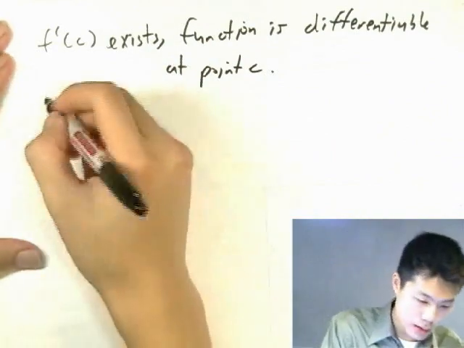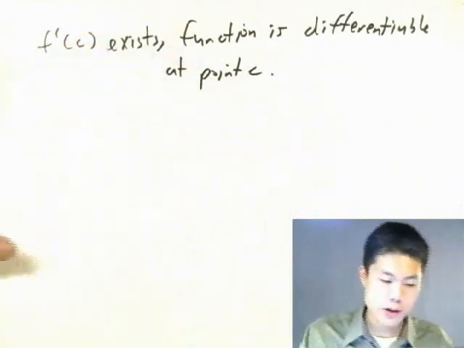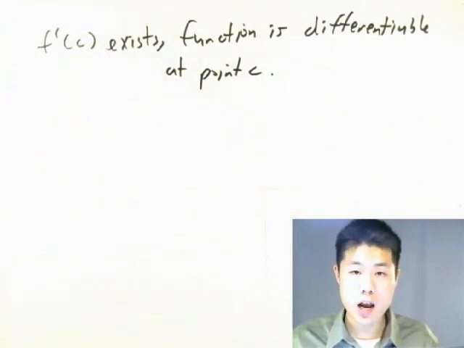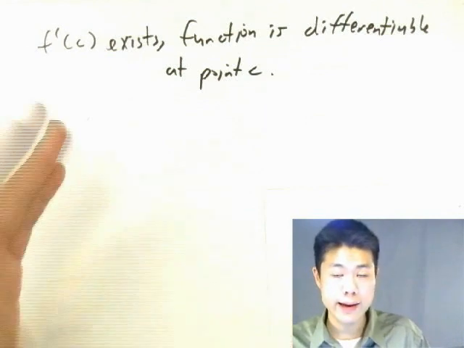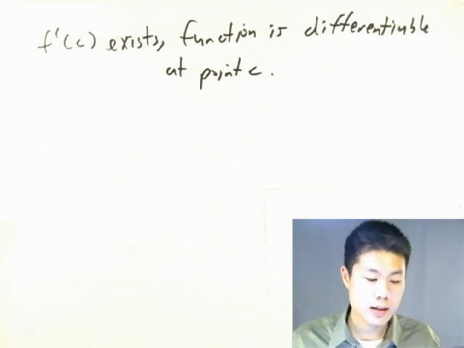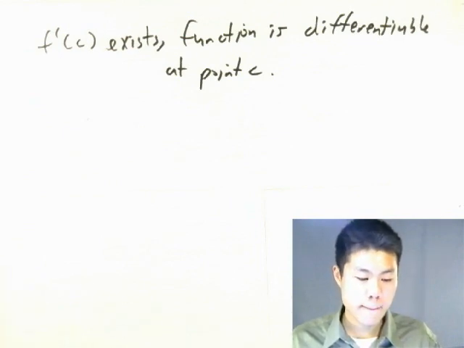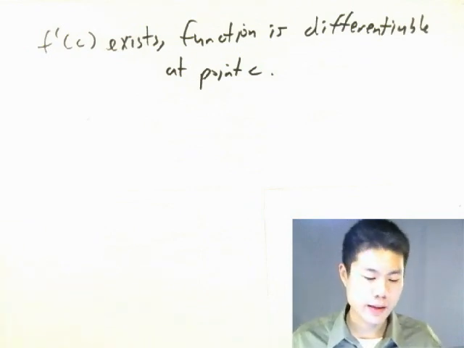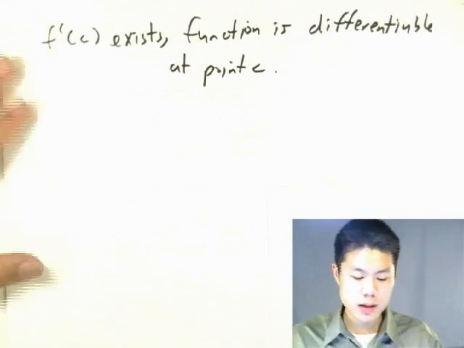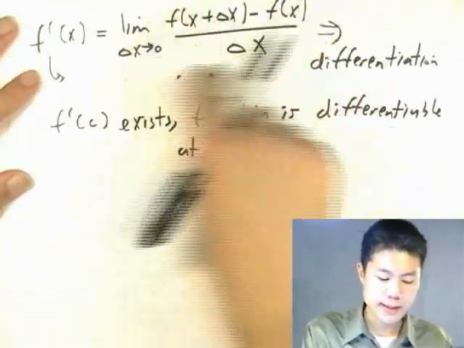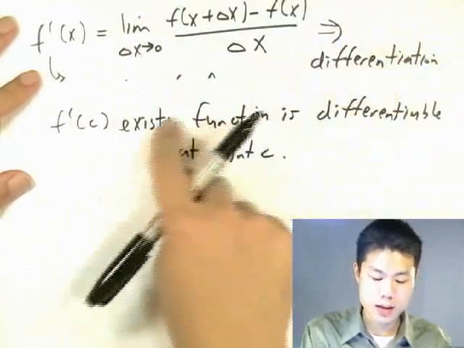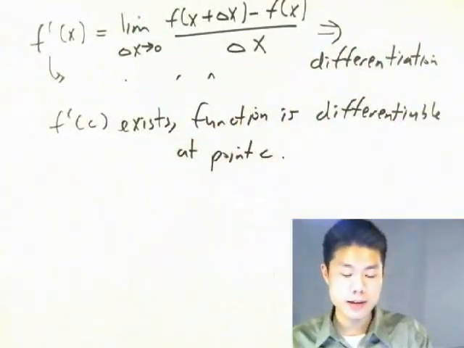And if the function is differentiable at every point within the interval a, b, then we say that the function is differentiable on the open interval a, b. There's some formal terminology here. If this comes out to be a number, then that means that the derivative is defined at the point c.